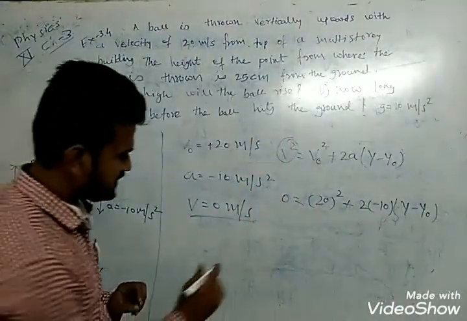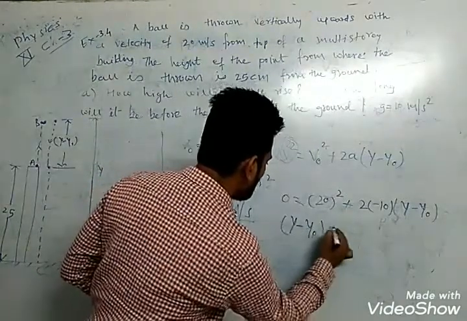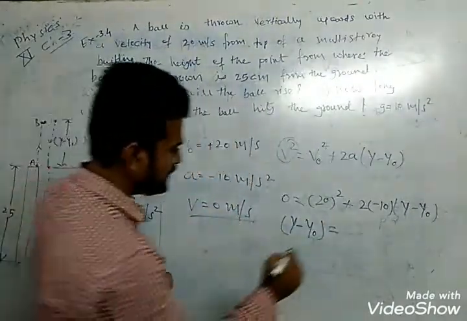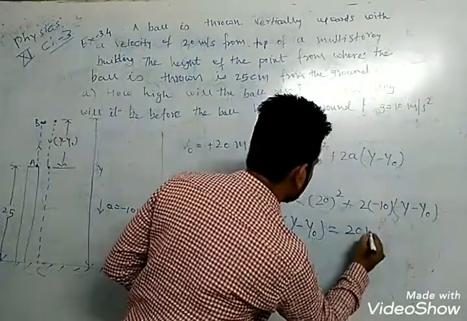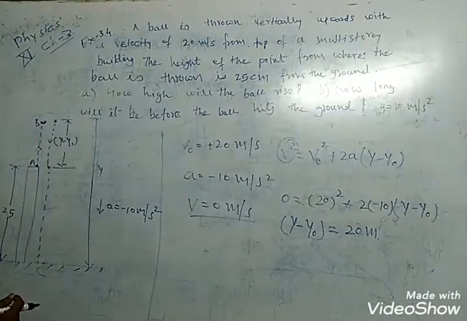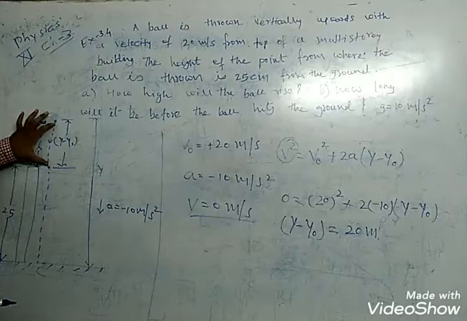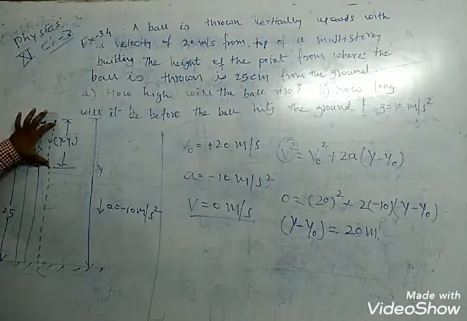Simplify this equation. We get y minus y0 is equal to 20 meters.